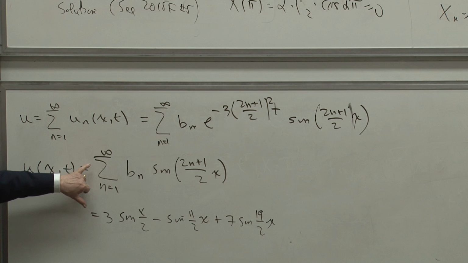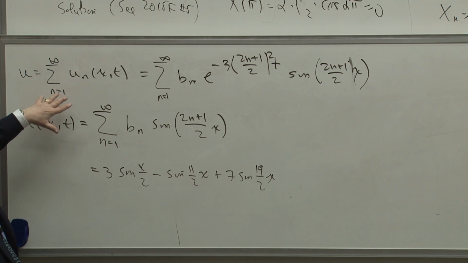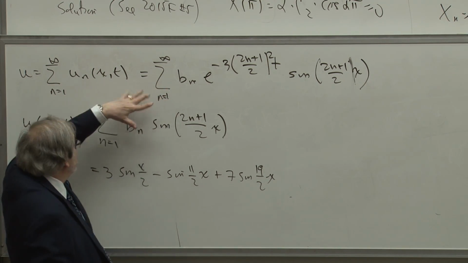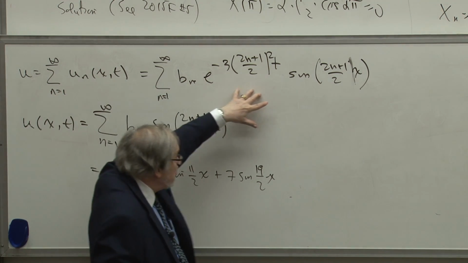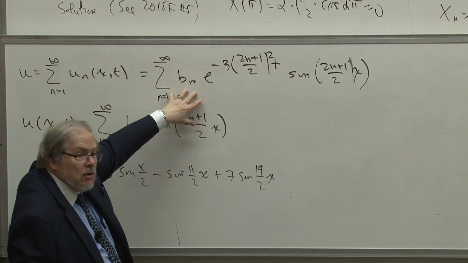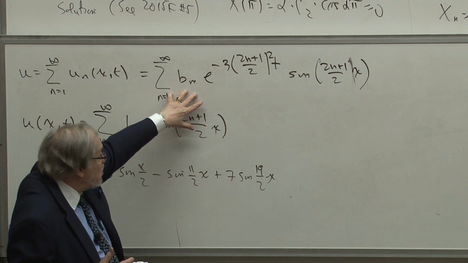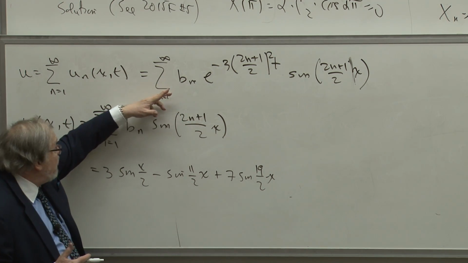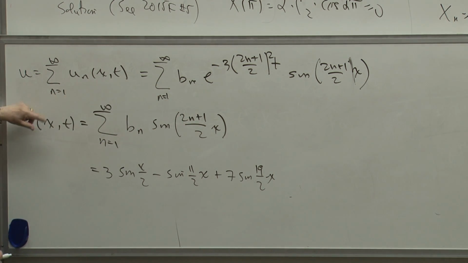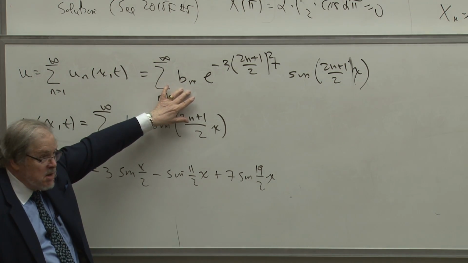And so these two things are supposed to be the same. Well, the objective, after all, I've got a solution here to the heat equation, to the problem. The functions are identified. All that remains is to identify the constants, the coefficients. So the goal at this step 4, step D, the last step of the process, is to identify the b's.